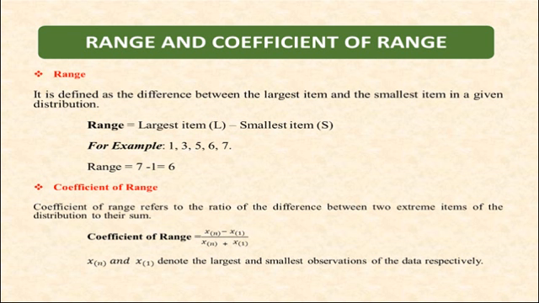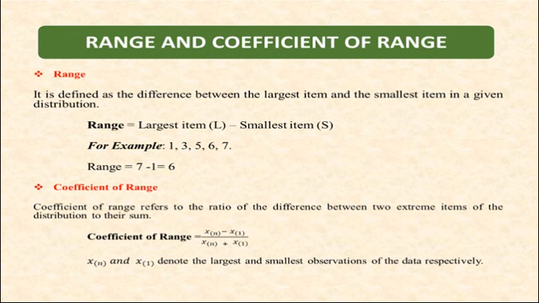Now we will discuss coefficient of range. Coefficient of range refers to the ratio of the difference between two extreme items of the distribution to their sum.